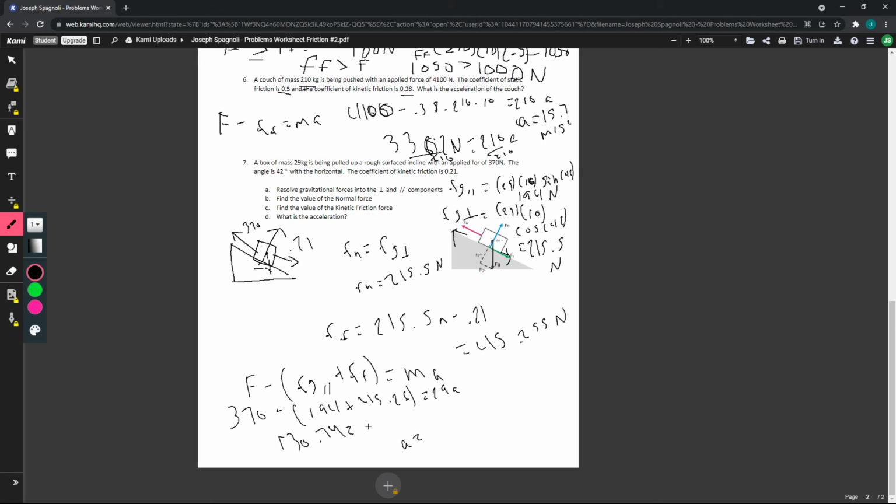We make that equal to 29a, divide both sides by 29. I don't know why the writing is diagonal now, but we're going to go with it. So we have a equal to 130.74 divided by 29, and that is 4.5. So our acceleration is 4.5 meters per second squared.